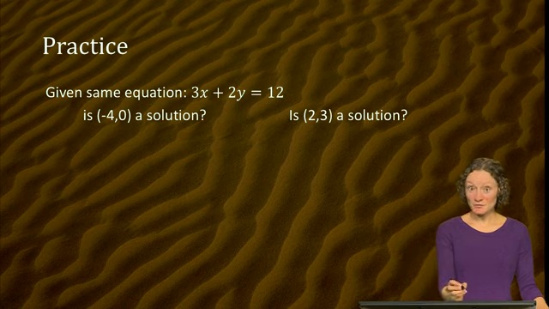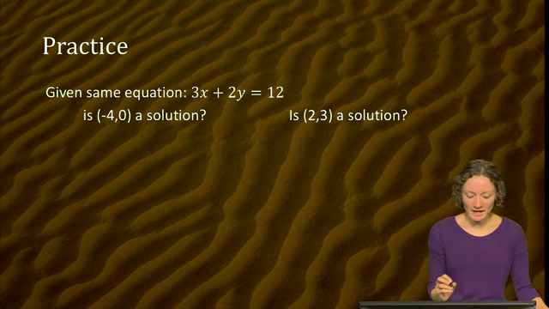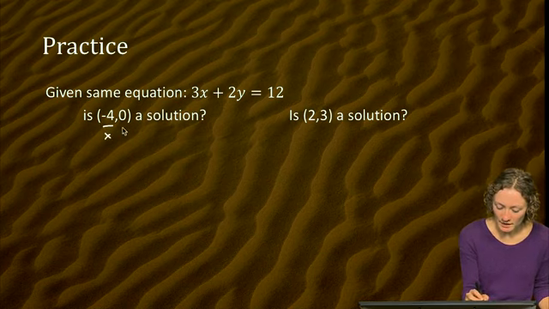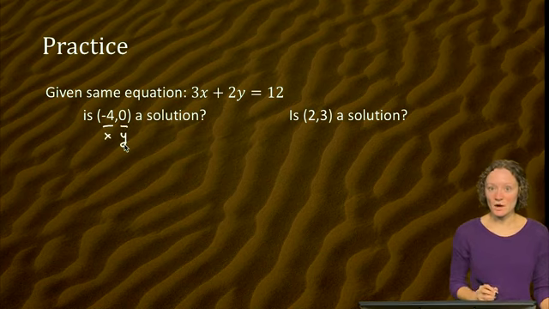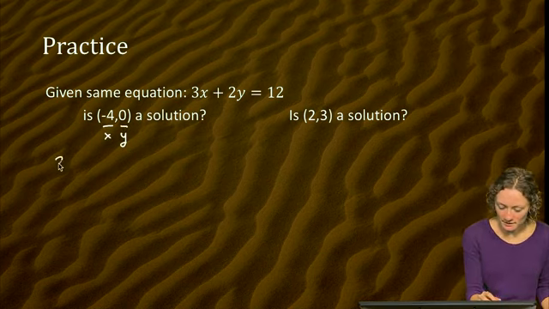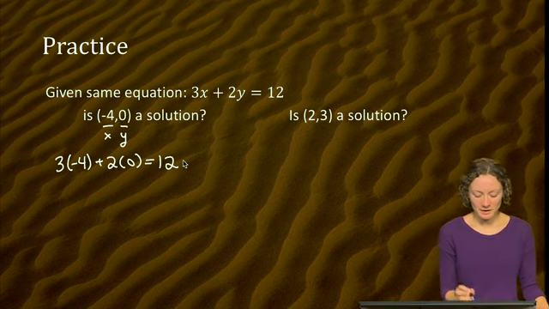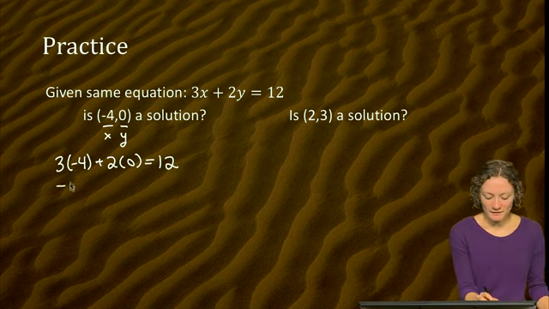Okay, so you should have practiced these two. Let's plug them in and see what we get. For the first one, our ordered pair, -4 is x, 0 is y. So we plug in 3 times -4 plus 2 times 0. Step 1, plug in. Step 2, evaluate the left and the right. On the left, we have -12 plus 0.